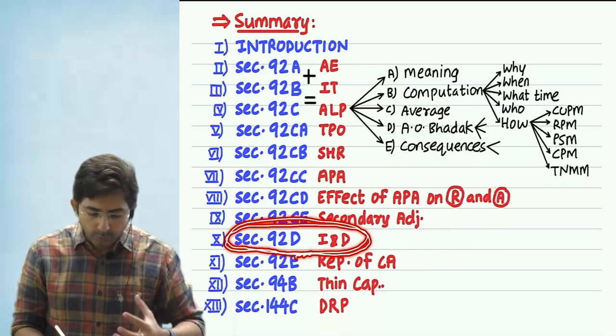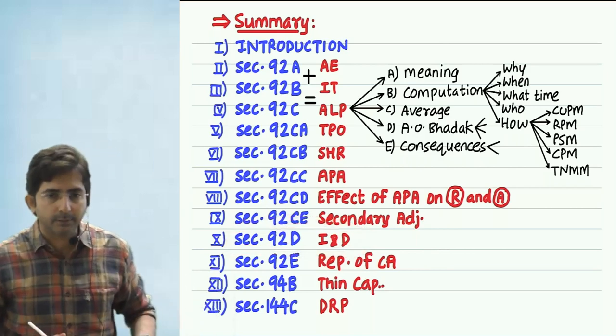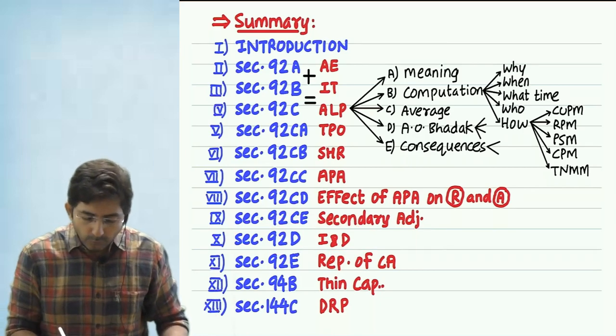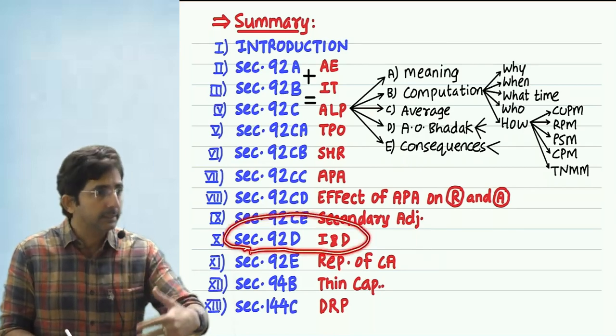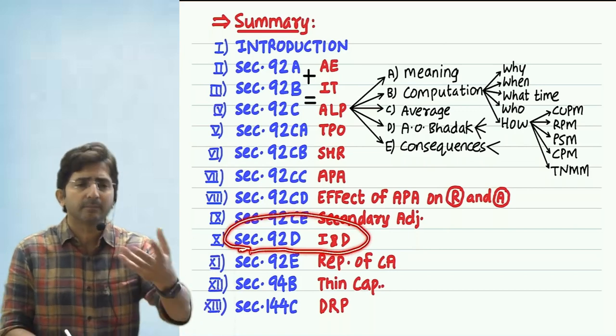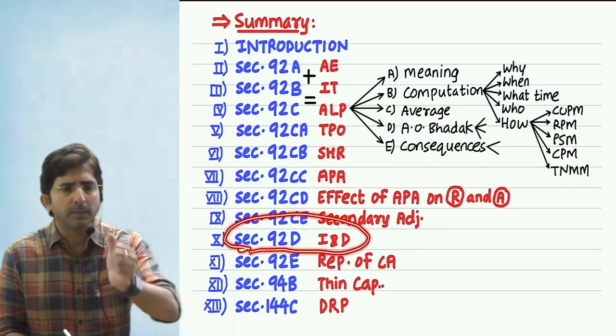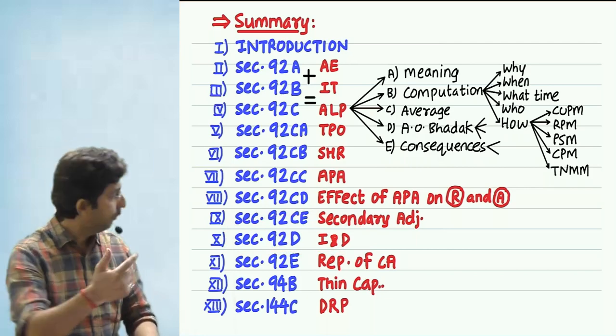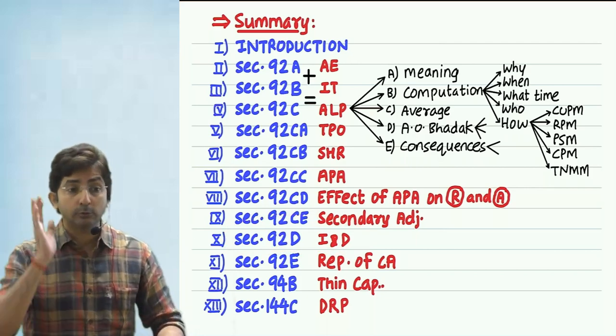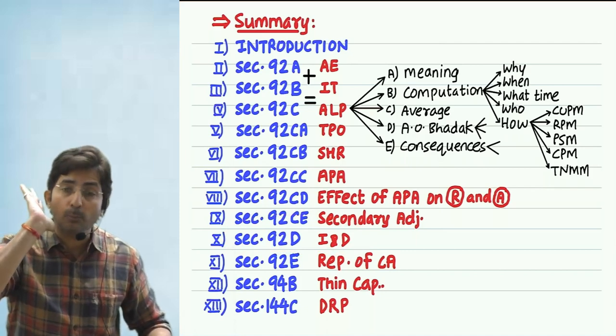Now see, you will not understand the gravity of this situation. Under section 92D, an assessee is supposed to maintain some information document. Don't read the notes right now. That's not the right approach. Look at the screen. You are actually not nourishing your brain properly.